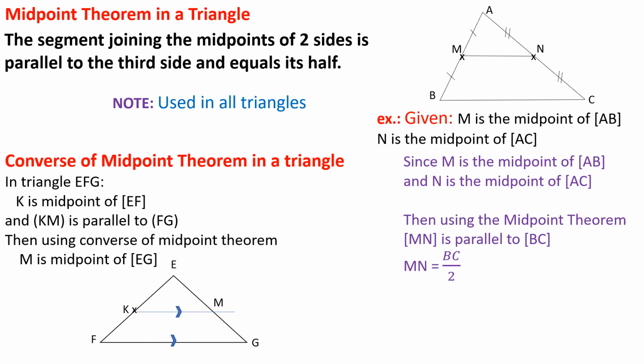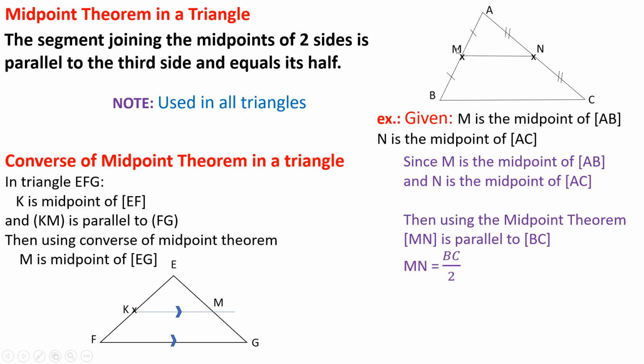Now let me start talking about the midpoint theorem in a triangle. What is the midpoint theorem in a triangle? It is in any triangle. So we use it in any triangle, right? Isosceles, equilateral, scalene, whatever. The segment joining the midpoints of 2 sides is parallel to the third side and equals its half. For example, I have a triangle ABC.